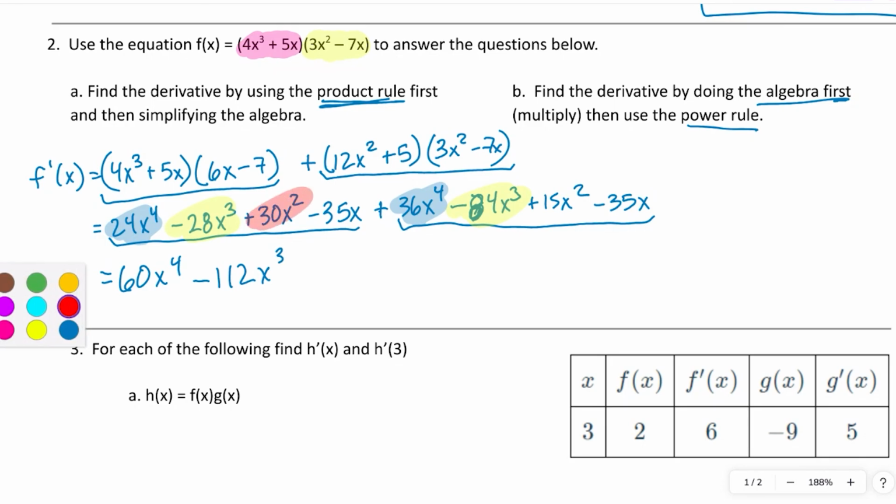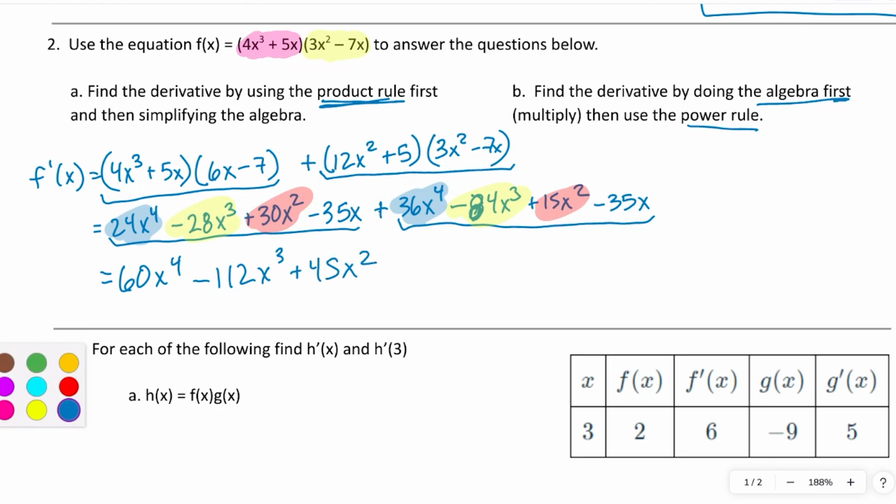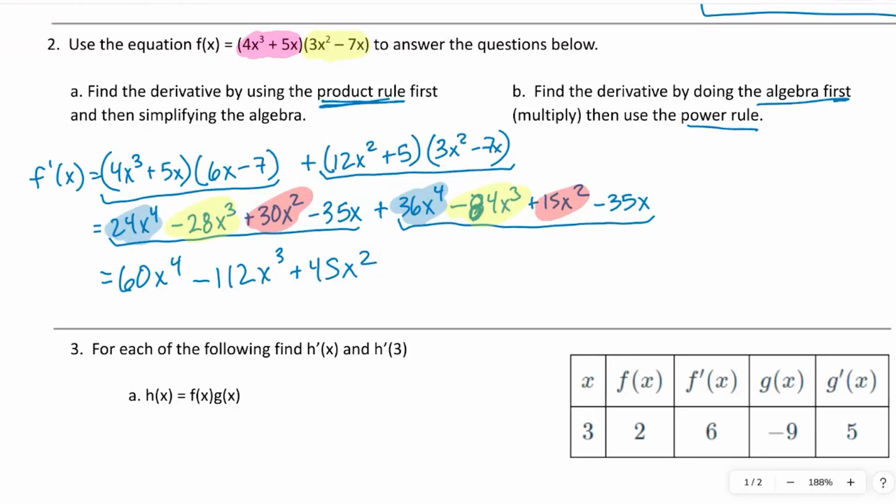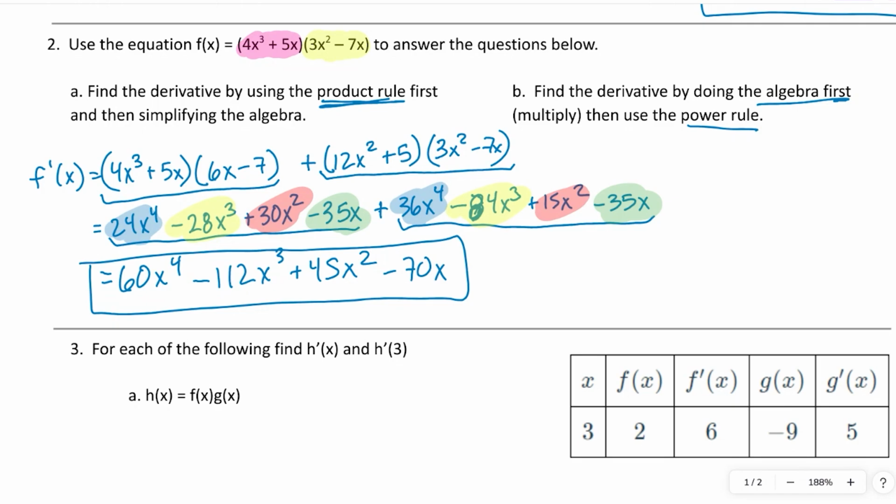Then we've got 30x squared plus 15x squared, so that should be 45x squared. And then our last one here, let's grab a different color. So we've got minus 35x minus 35x, which is going to be minus 70x. Whew. All right. Did not really enjoy that very much.